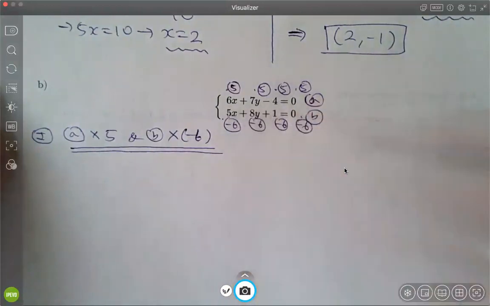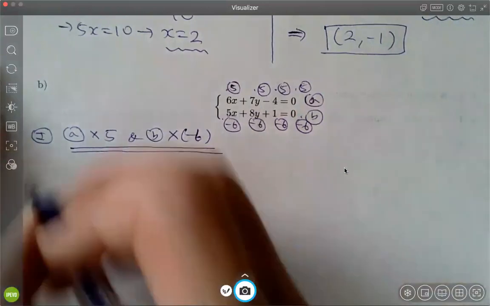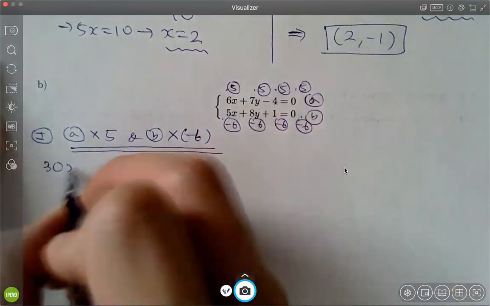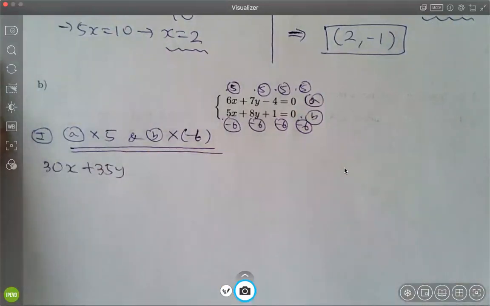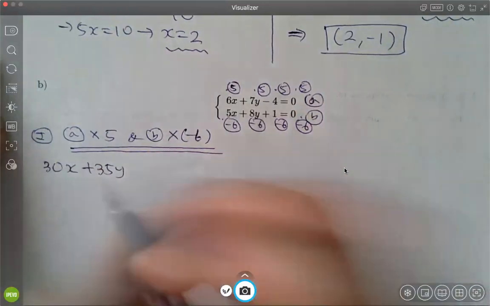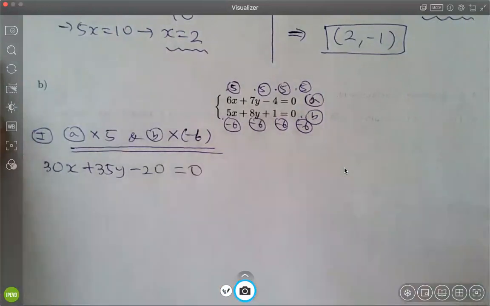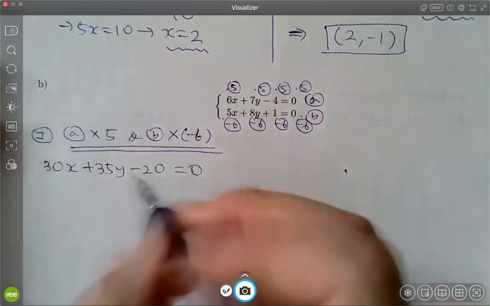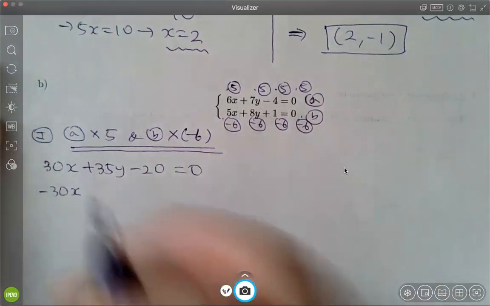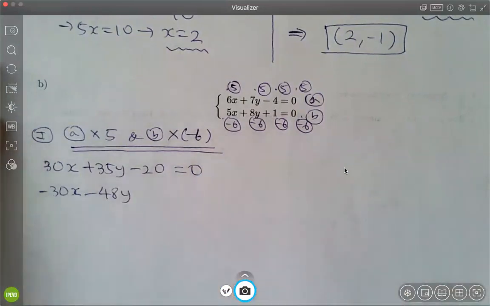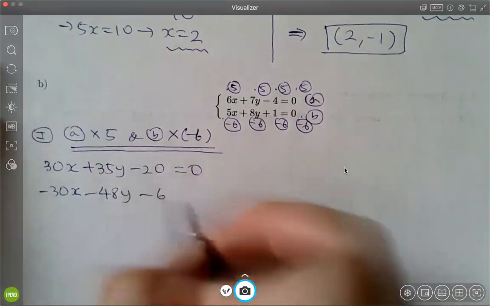So what do you get? 30x plus 35y minus 20 is equal to 0, right? And then multiply -6, so that's -30x minus 48y, and then minus 6 equals 0.